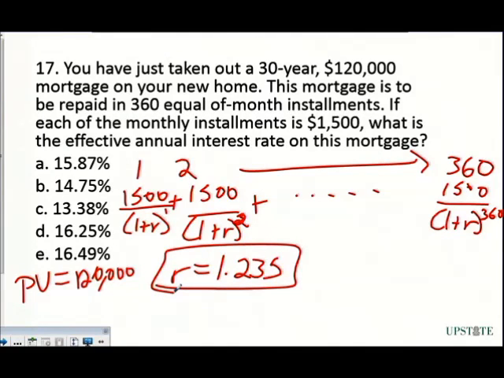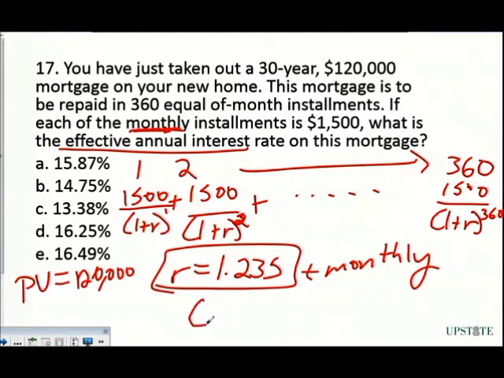But that number looks kind of funny, it doesn't seem right. The reason is that these are monthly installments, so this is a monthly rate. We have to now convert this into our effective annual rate.